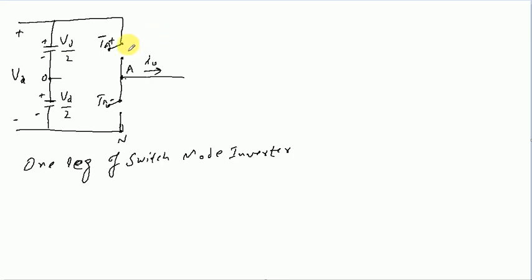For that we have anti-parallel diodes connected across all of these switches, and we have already seen how the current flows through these anti-parallel diodes when neither of the switches is on and the current still needs some path. That is why this is also shown as part of this one leg.